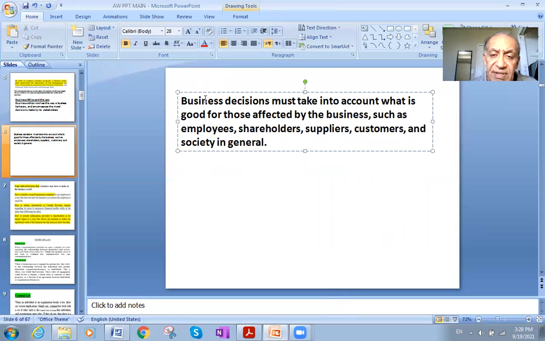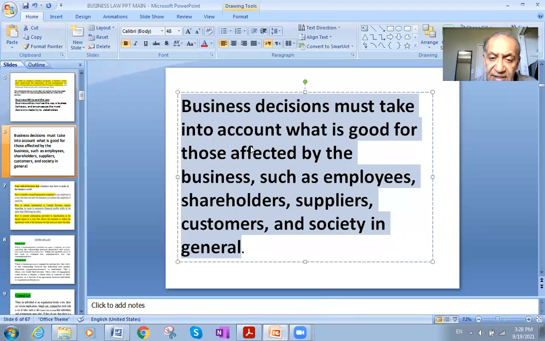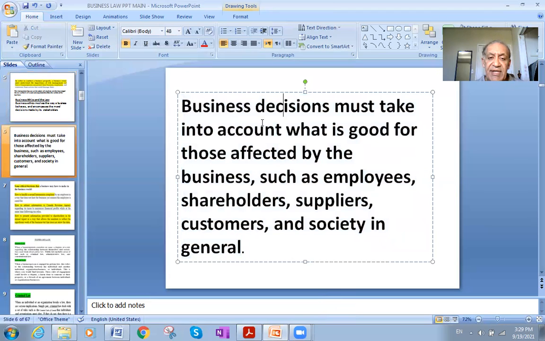Business decisions must take into account what is good for those affected by the business, such as employees, shareholders, suppliers, customers, and society in general. So all business decisions should take into consideration the good of all these parties.